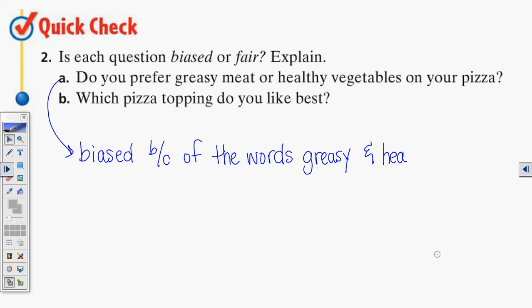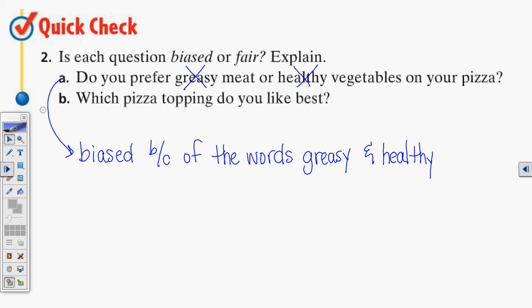Do you prefer greasy meat or healthy vegetables on your pizza? So if you were just to take those out, do you prefer meat or vegetables on your pizza? It would become fair. However, with those adjectives, it is biased.